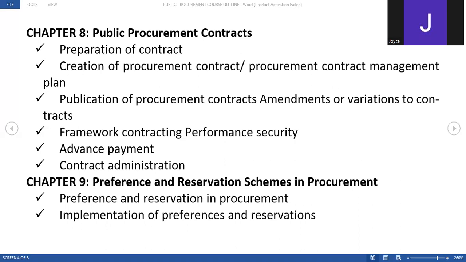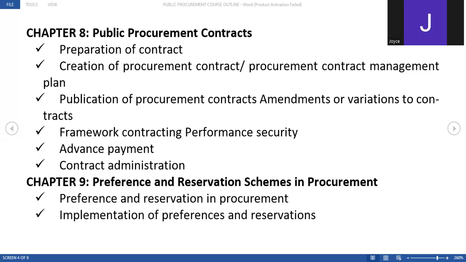Chapter 9 talks about preference and reservation schemes in procurement. Remember, the government of the day has set aside 30% of all procurement contracts to be for people living with disability, the women and the marginalized in society. Therefore, the Act has preserved 30% for this category.